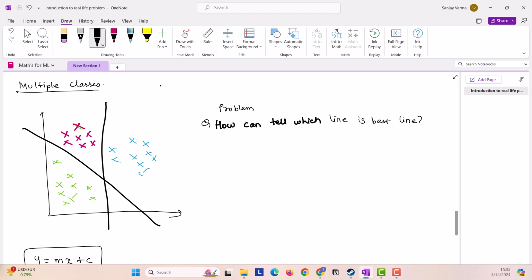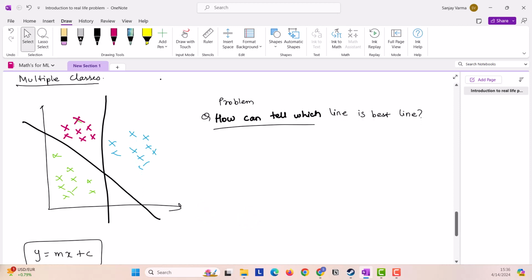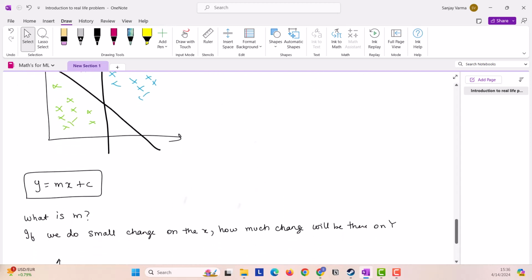If we have more than 2 types of classes, we can draw 2 different lines to differentiate the classes. But again, the problem is how can we tell which line is best? This is the real problem to solve. To solve it, we need to understand the line more, mostly the equation of the line.